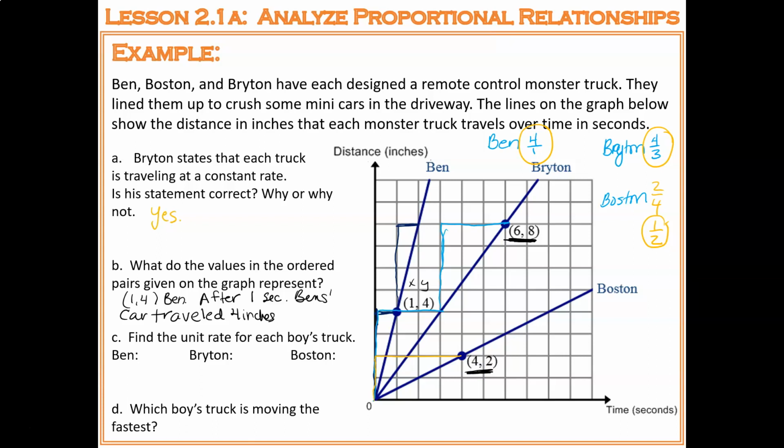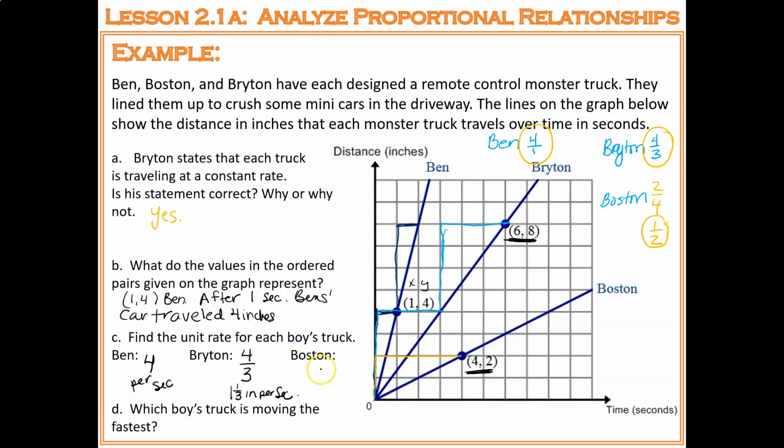Okay, so let's find the unit rate for each of them. We already found Ben's up here. Ben is 4. Brighton's is 4 over 3. That's 1 1/3 inches per second. This is 4 inches per second.